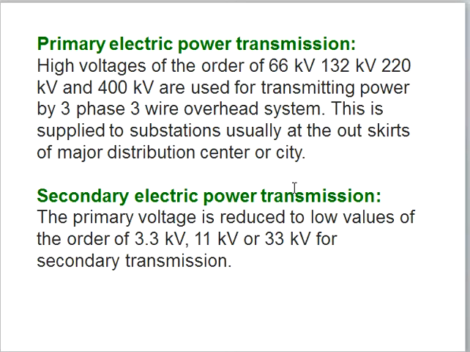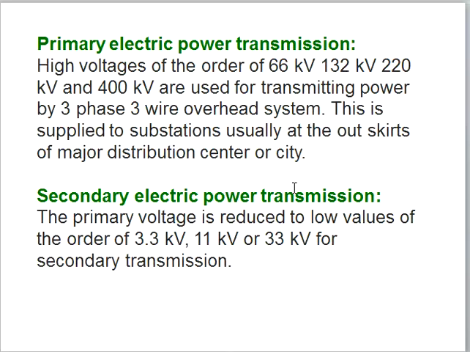For the primary, high voltages of the order of 66 kV, 132 kV, 220 kV, and 400 kV, which is very high voltage, are used for transmitting power by a three-phase overhead wire system. This is usually for the big supply substations.